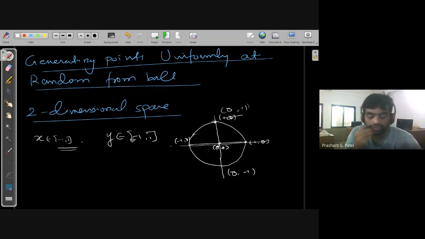This produces points distributed over the square, because x between -1 and 1 is this one, and y between -1 and 1 is this one. So it will generate points inside the square, which is large enough to contain the points of the unit circle.